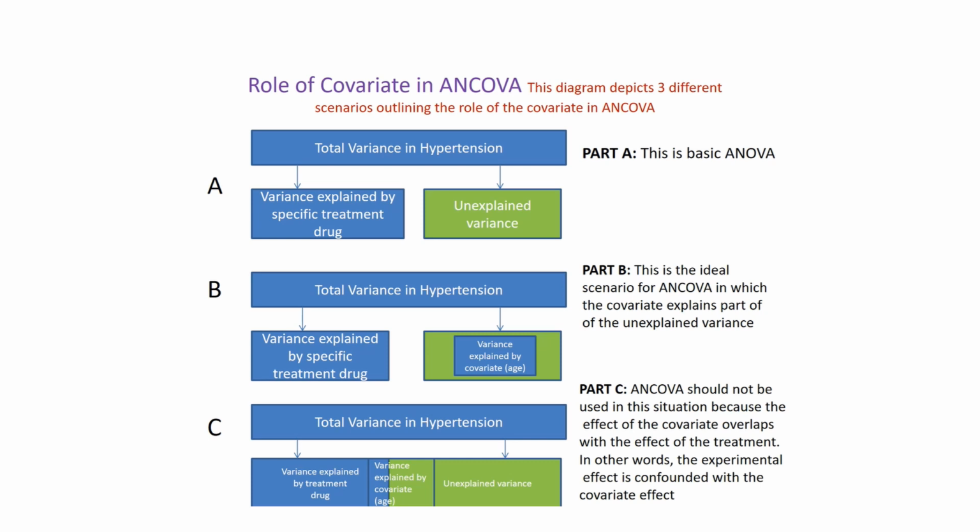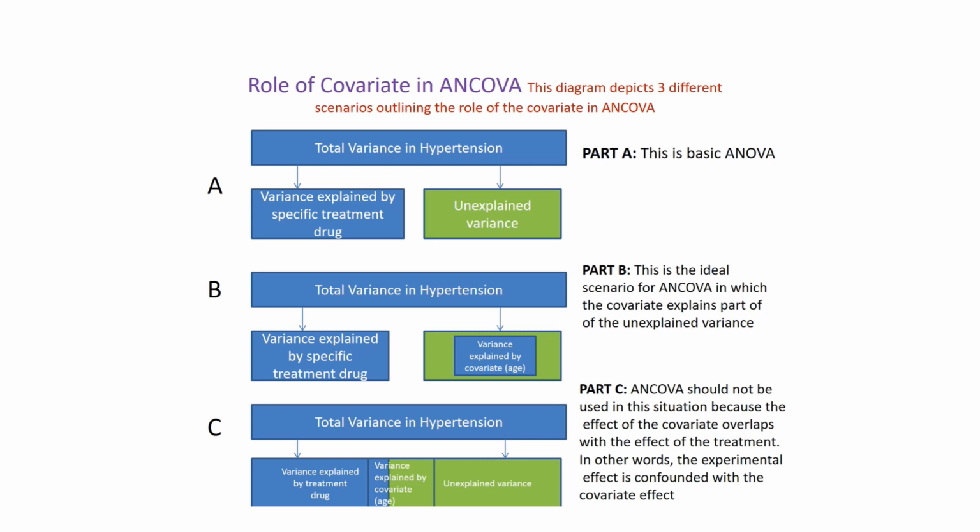In the overlap of effects, the initial blood pressure of patients might also influence the final blood pressure. Patients who have higher initial blood pressure levels might experience greater reductions in blood pressure regardless of the drug treatment they receive, which means the effect of the covariate might overlap with the effect of the experimental factor.